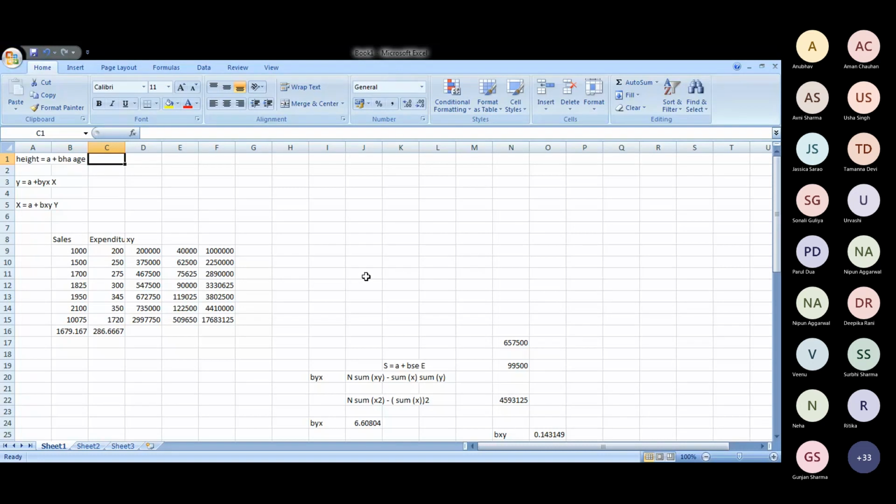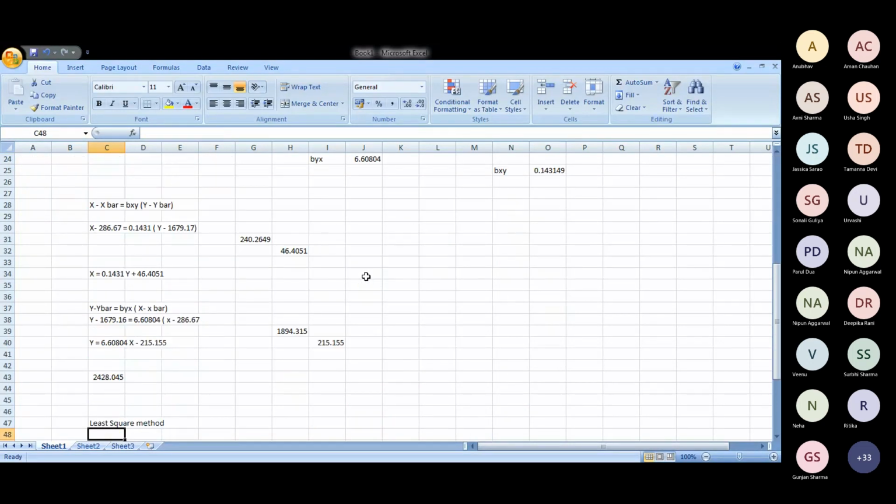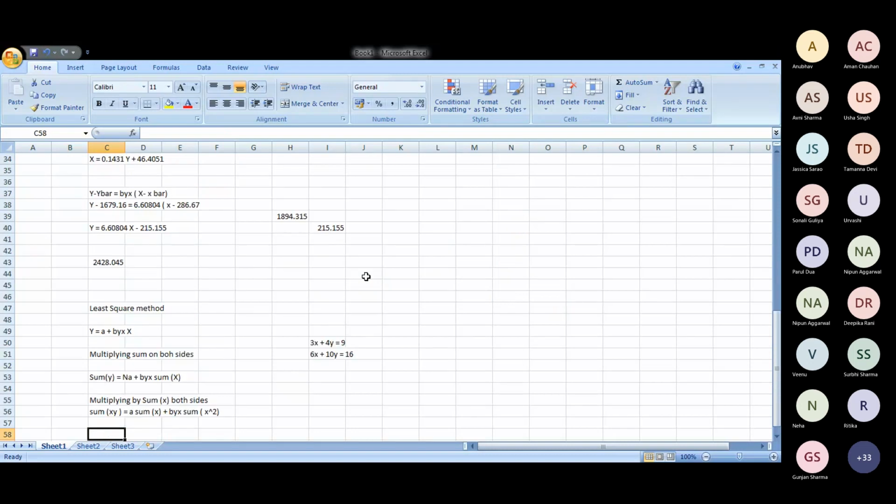So what is the value of summation xy? So summation of xy is 2997750. So that is your summation of xy, which will be equal to n into summation x.